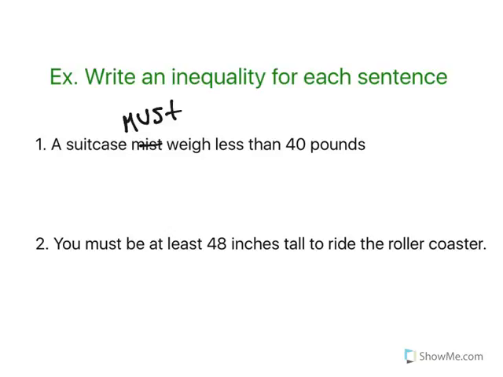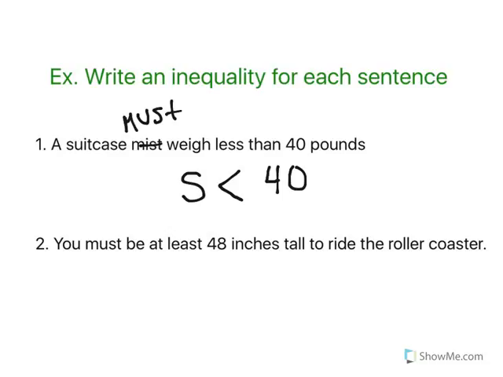So the suitcase s must weigh less than 40 pounds. I always know this is a less than sign because if you spread it out a little bit, it looks like an L.